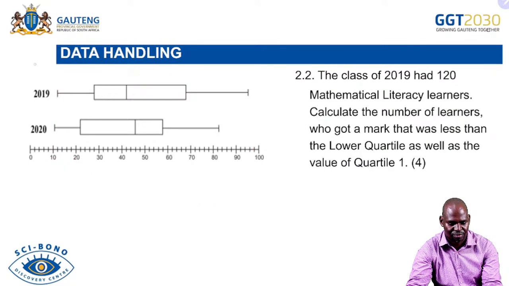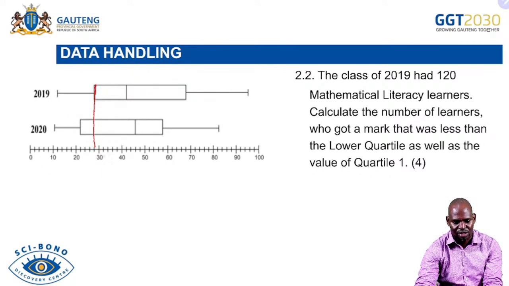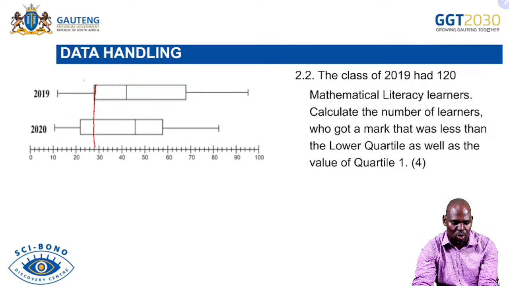So in this case, there's our lower quartile. So the mark there. Okay, I hope I got it right. Let's see again the interval. Okay, we need to answer two questions here. The number less than lower quartile. Less than lower quartile means 25%. Remember, lower quartile is this one. So there's 25%.